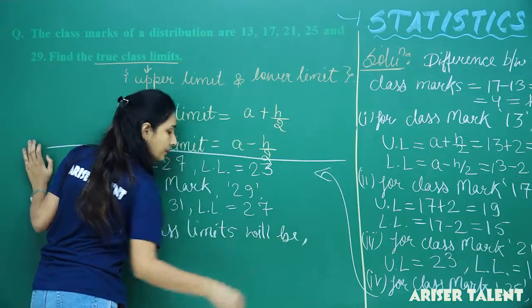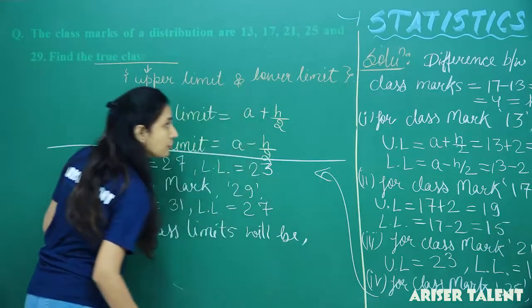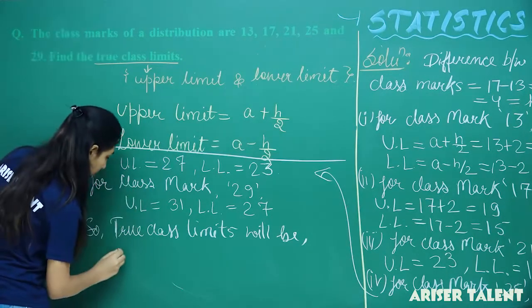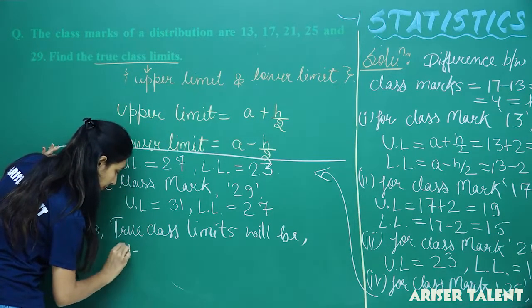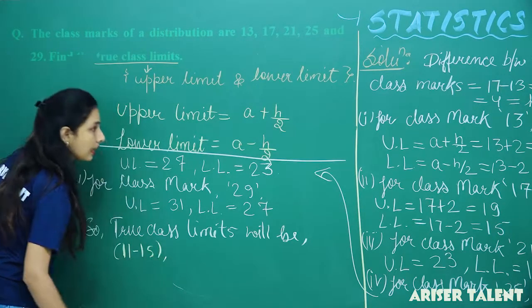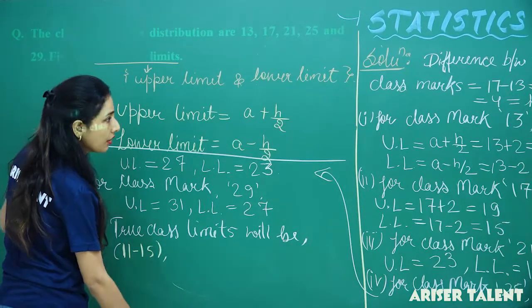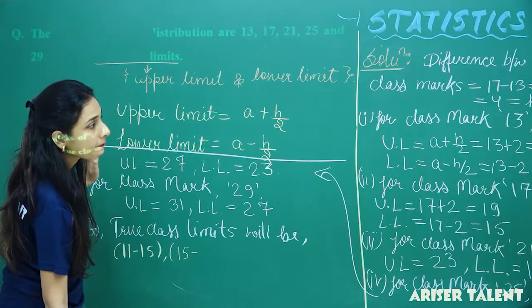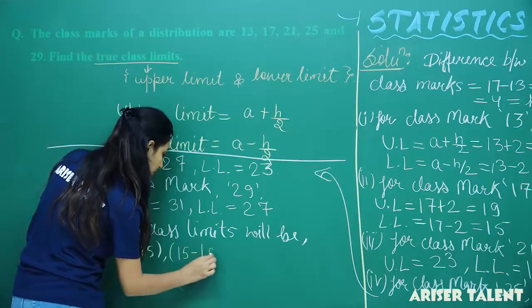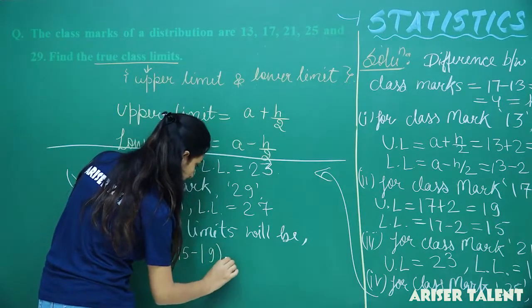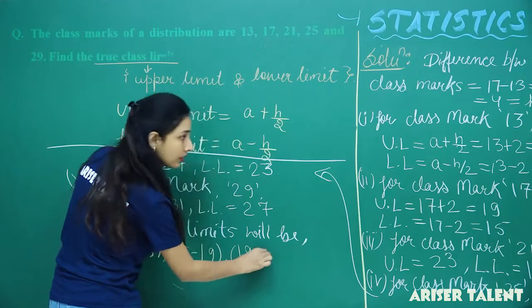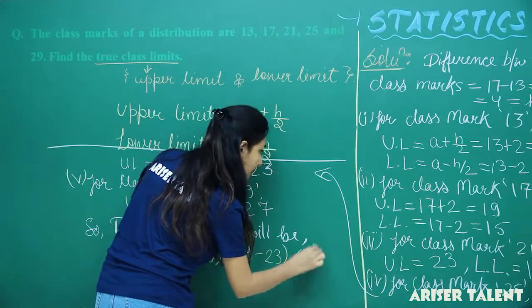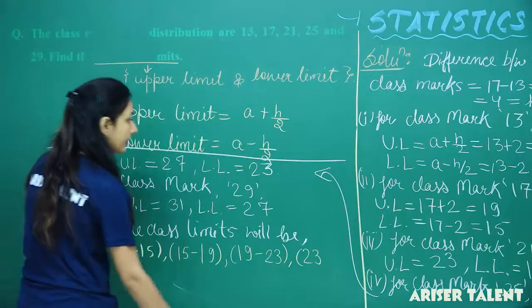We are talking right from 13, so 11 to 15, the second one which is 15 to 19, then 19 to 23, then 23 to 27.